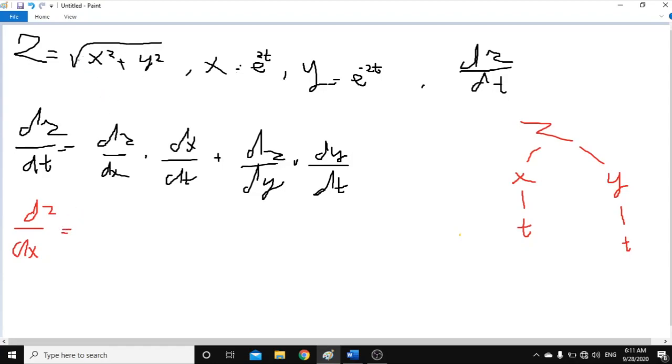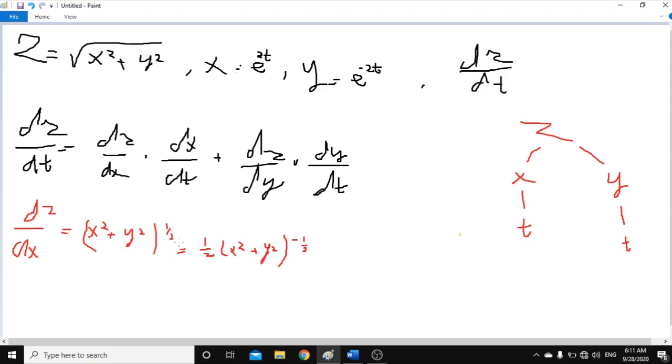Here we have a square root, so we can write it as x squared plus y squared to the power 1 over 2. Then we can write it as 1 over 2 times x squared plus y squared to the minus 1 over 2, because this is the power rule.